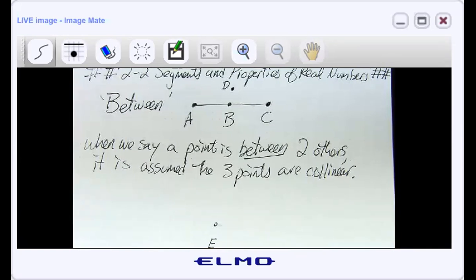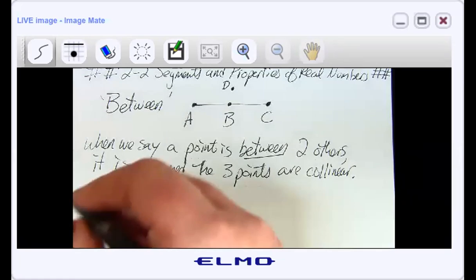Same thing with A, E, and C. They're not collinear. So do you say it's between? Is that not between? I don't know. So for our purposes, we're saying no, it's not between. Because if a point is going to be between two others, it has to be on the same line. Okay? So D is not between A and C, nor is point E. B, yeah, that's fine because it literally is in between A and C on the same line.